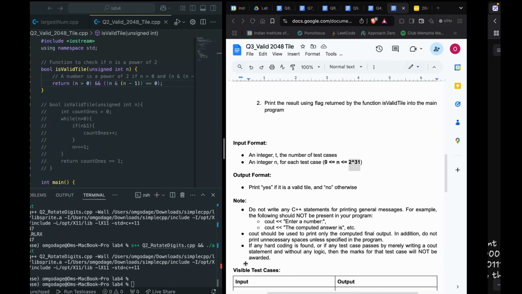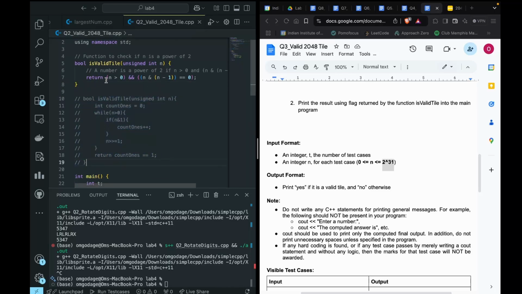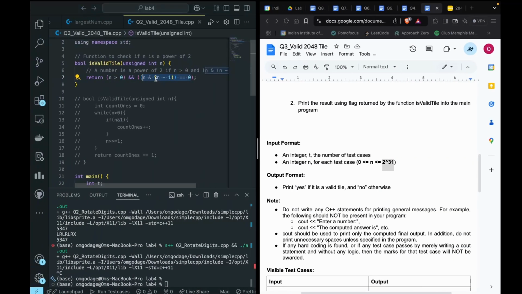Okay, so now we can understand the code and what it's doing. So you have a function called isValidTile, similar to the one that you had over here, and you return n greater than 0 and n and n minus 1 equal to 0. So this is what we just saw right now. Only for valid tiles will the bitwise and be equal to 0. If the bitwise and of n and n minus 1 gives you a 0, that means it could be a valid tile, and you have to make sure that n is greater than 0.